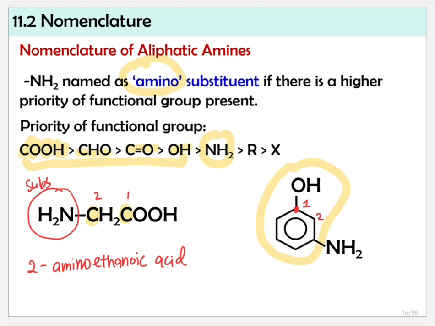So 1, 2, 3. So at carbon number 3 ada NH2 sebagai substituent. So the full name for this compound is 3-aminophenol. Okay. Ataupun boleh juga korang guna ortho, meta, para. So kalau yang ini meta lah. Okay. m-aminophenol. So that's also accepted.